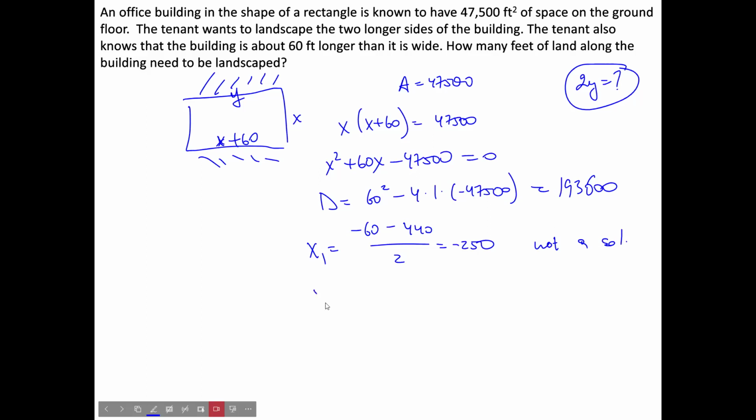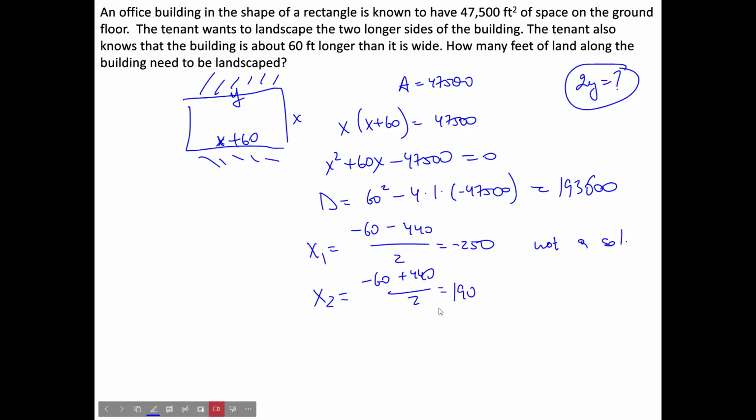So x2, it means we always have to analyze what we have. Minus 60 plus 440 over 2. 440 minus 60 divided by 2, 190.